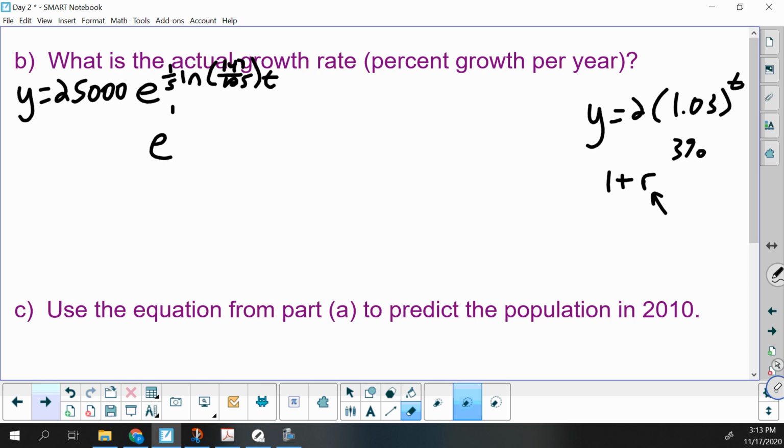Well, we could write this as e to the 1/5 natural log of 147 over 125, and think of that as all being raised to the t. So really, we want the inside of that parentheses to equal 1 plus r.